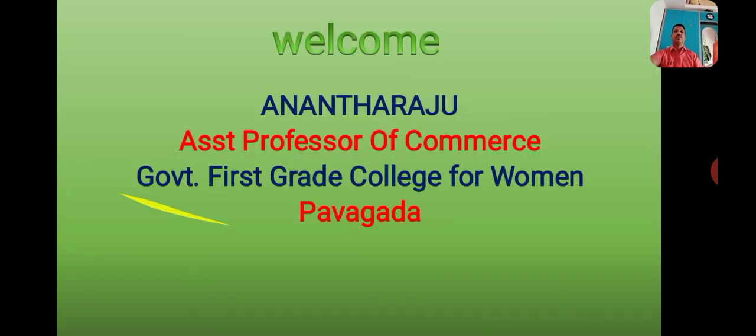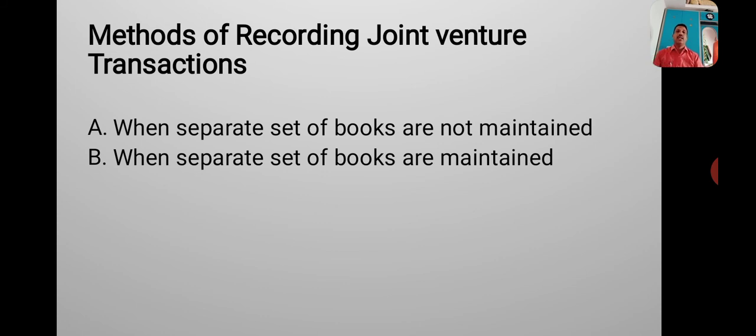At that time, three accounts are to be prepared. Generally, a separate set of books is maintained when the joint venture transactions are large in number. Following are the accounts to be prepared while maintaining a separate set of books to record the joint venture transactions.